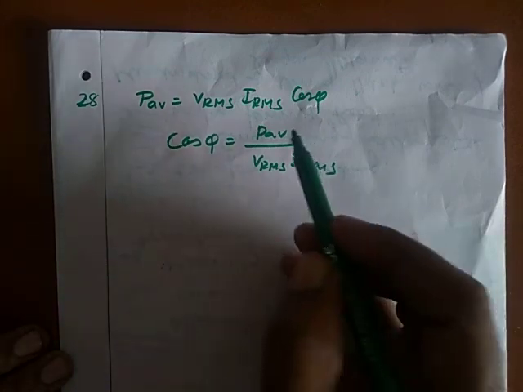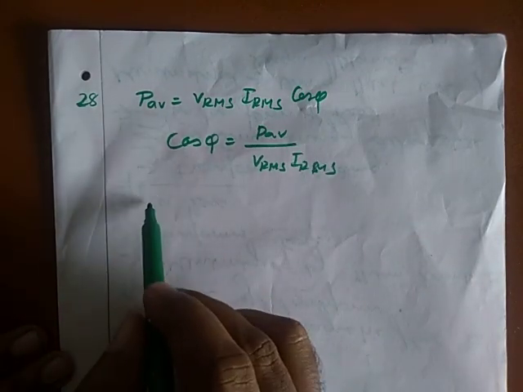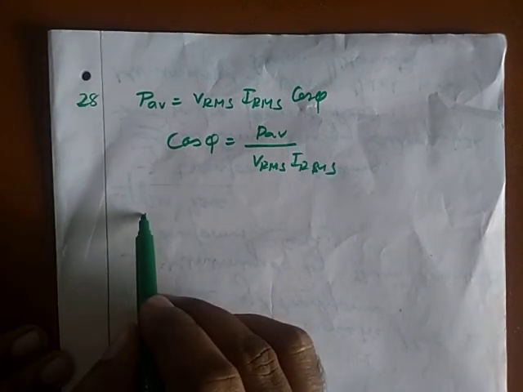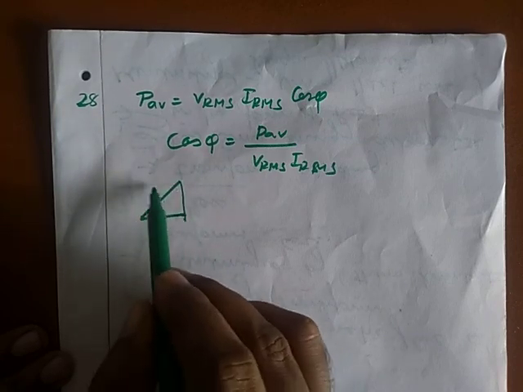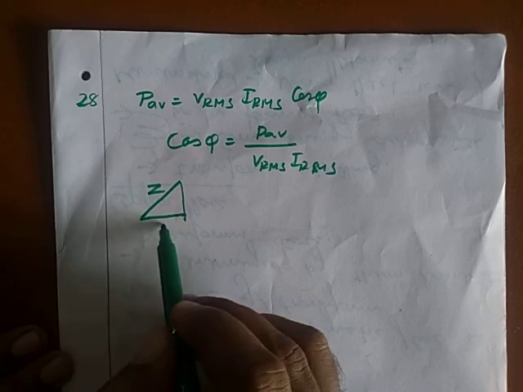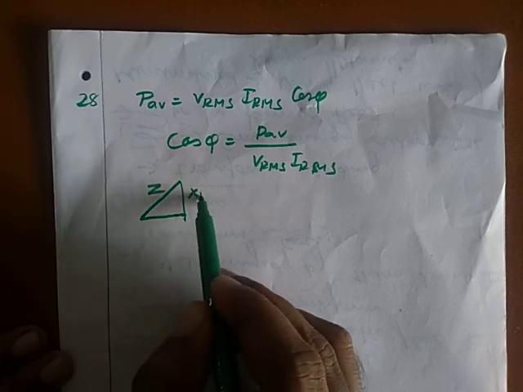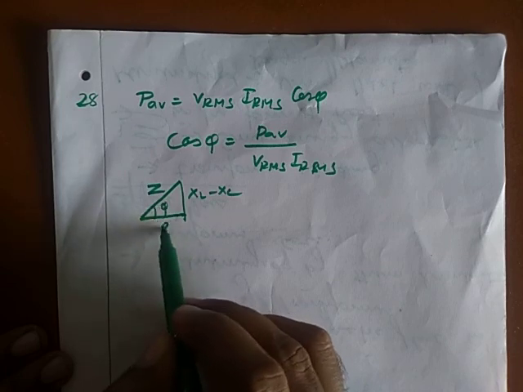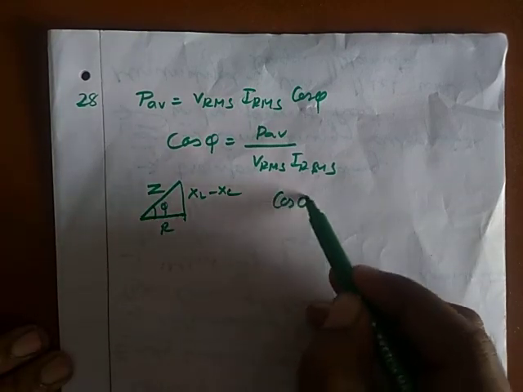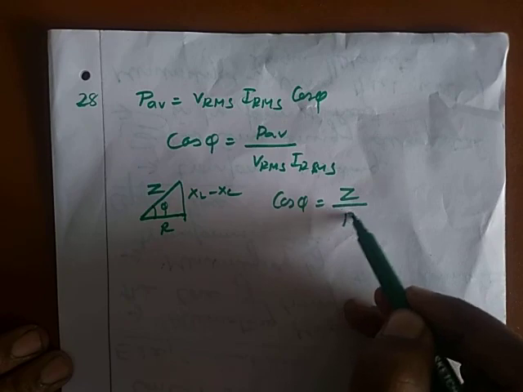Otherwise this can be written from a voltage triangle or impedance triangle. Suppose I draw an impedance triangle: this one is Z, this one XL minus XC, this one is phi, this one is R. For this, cos phi is equal to R by Z.